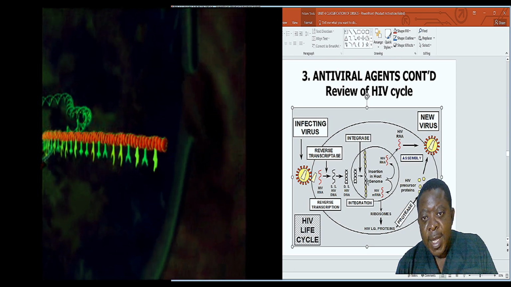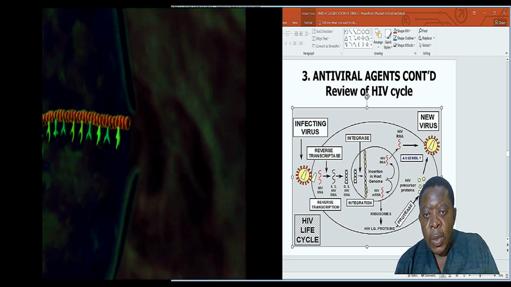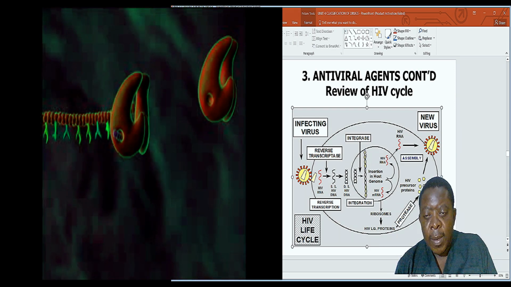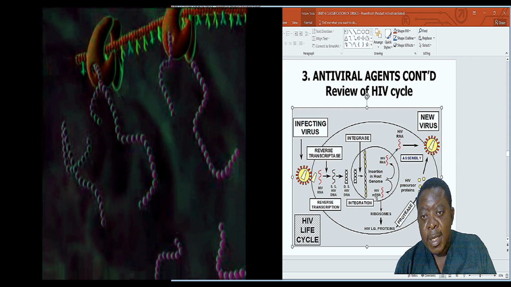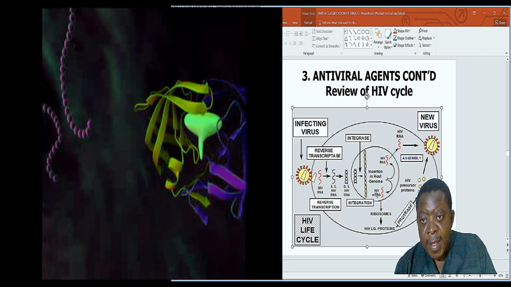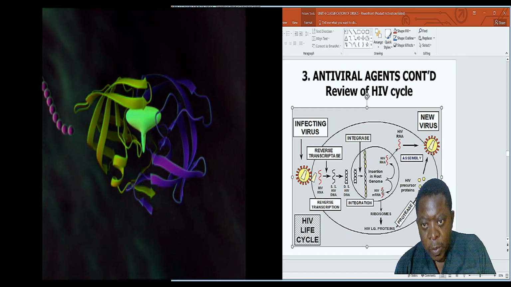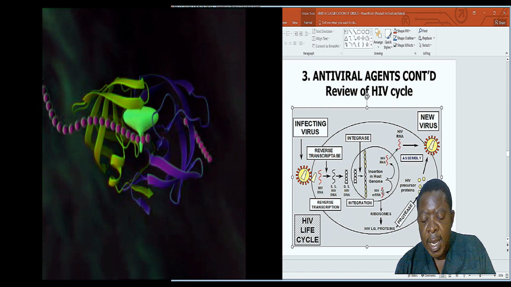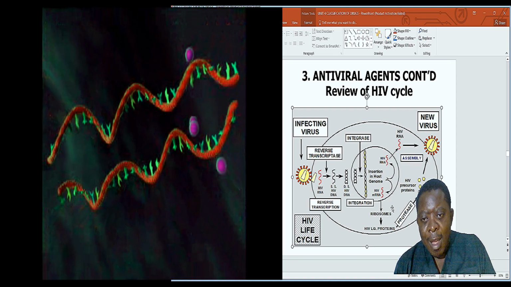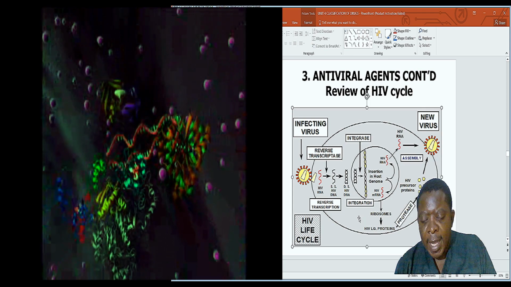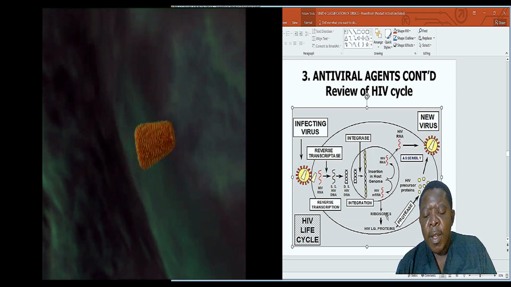So when this has been done, this DNA material will be influenced to produce HIV messenger RNA. Okay. So when these HIV messenger RNA are produced, they will come out, and as they come out, they find other proteins within the cytoplasm, other protein materials that are needed for the virus.